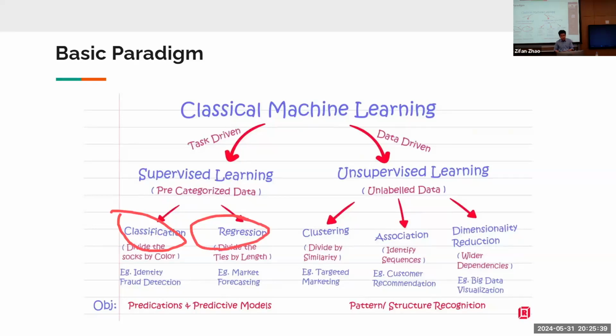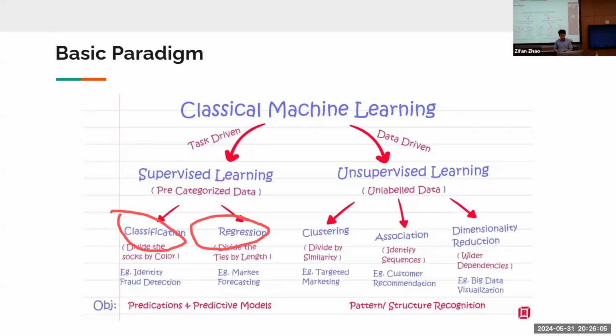Classification is, as it means literally, we classify different samples into different categories, and we want to make sure those categories make sense and will help us better classify in real world scenarios. And regression is where we predict the exact target value as digits in order to solve real world problems.